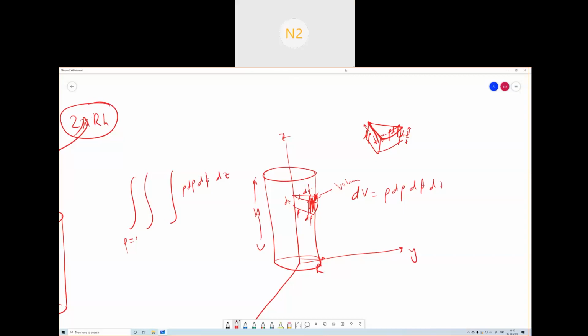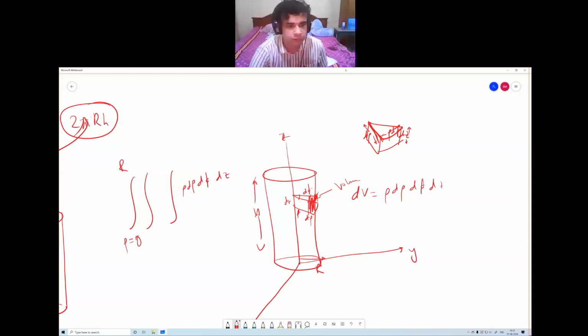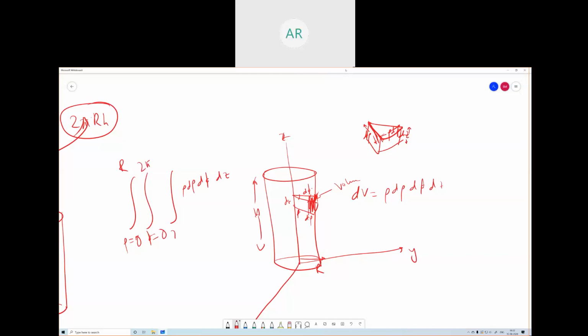Right, absolutely right. Limits of phi? 0 to 2 pi, very good. And z? 0 to h.